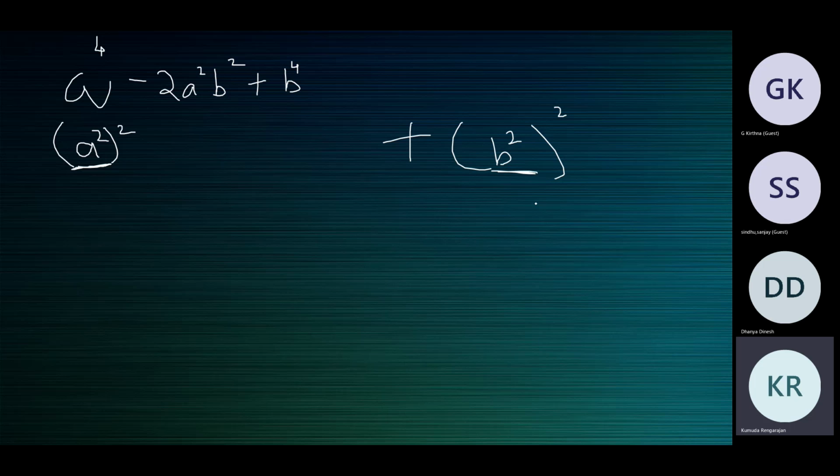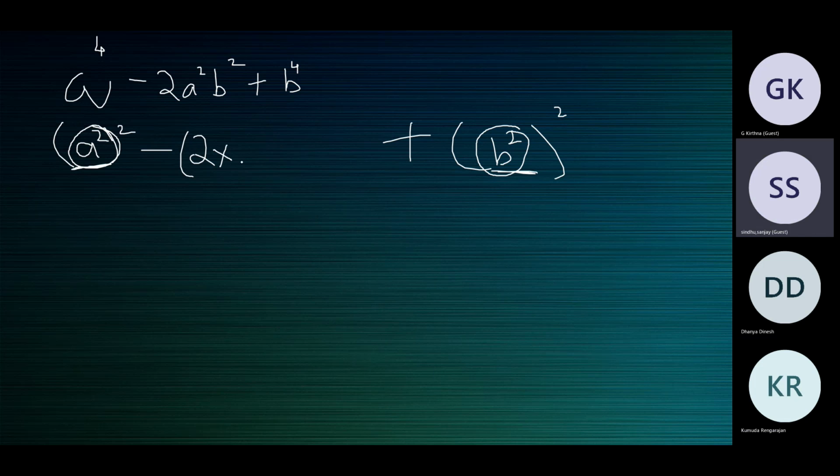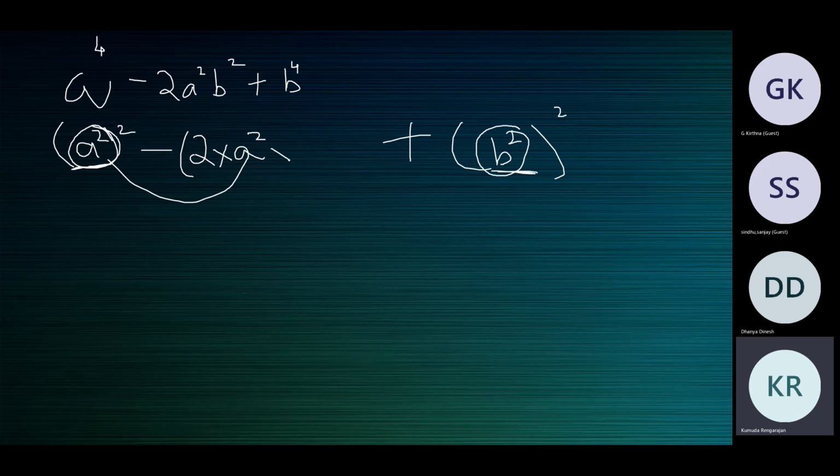So this is x, x square plus this is y square. So the middle term should be 2xy. What is 2xy? 2 into A square into B square, ma'am. X is a square into y is b square. And are we getting the middle term? Yes, we are. It is 2a square b square.